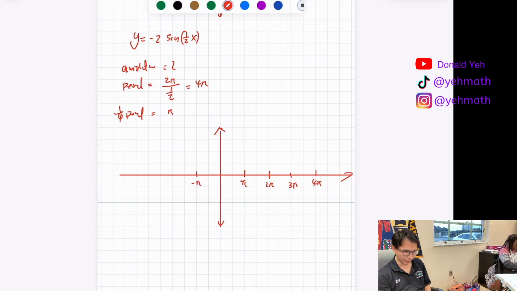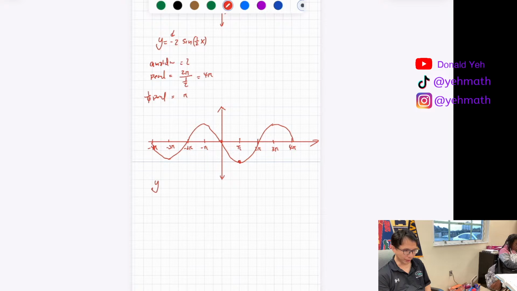And I'm going to go backward: negative pi, negative 2 pi, negative 3 pi, negative 4 pi. Now I'm going to start at the midline. But this is a negative, so it has a reflection and is going to go down 2 units. Every major change happens at quarter periods. Does that make sense?